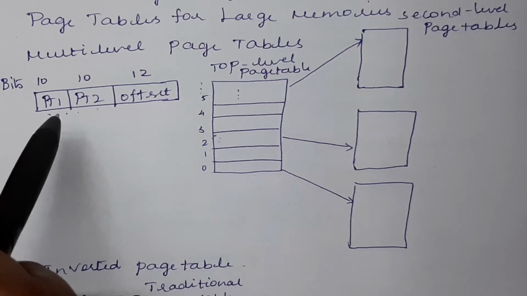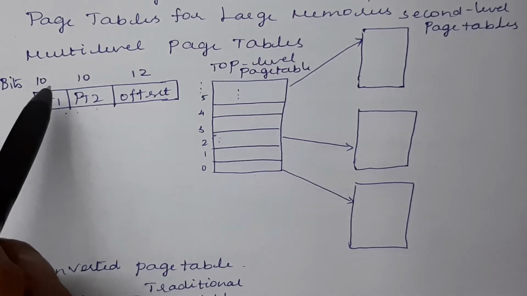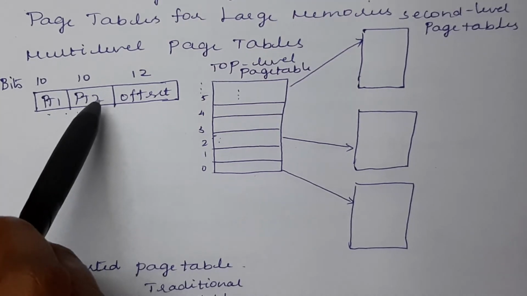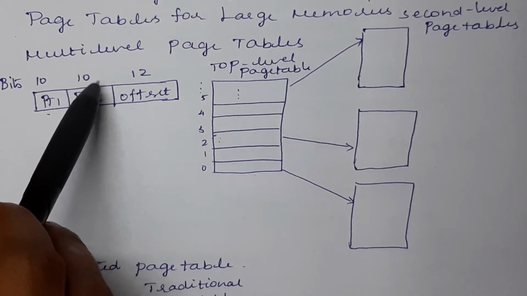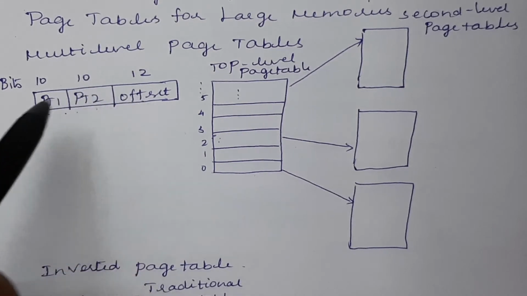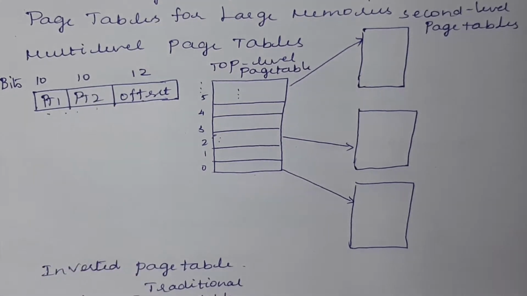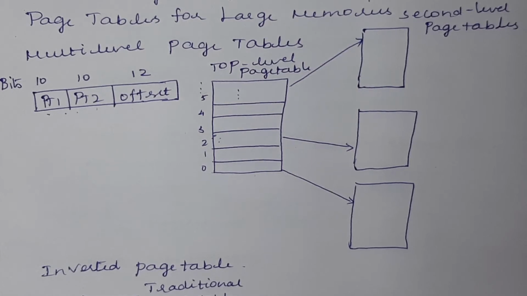Here PT1 is represented with a 10-bit field, and PT2 is represented with 10 bits, because we have assigned 12 bits for representing the offset. Even if it is a 16-bit address, we are using 12 bits for representing the offset field, and the remaining 4 bits for representing the page number.